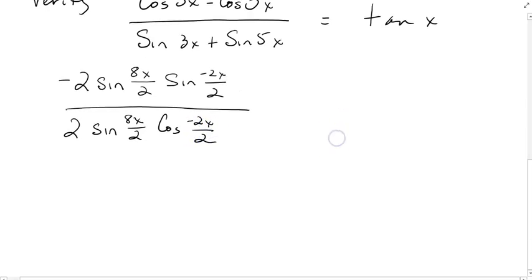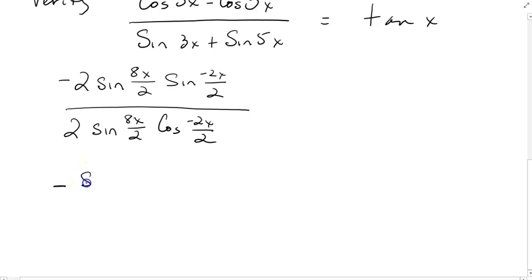All right, so let's deal with these. There's a lot of things to do here. We can simplify. We can do that real quick. The 2's can cancel out front, so that's just a negative.